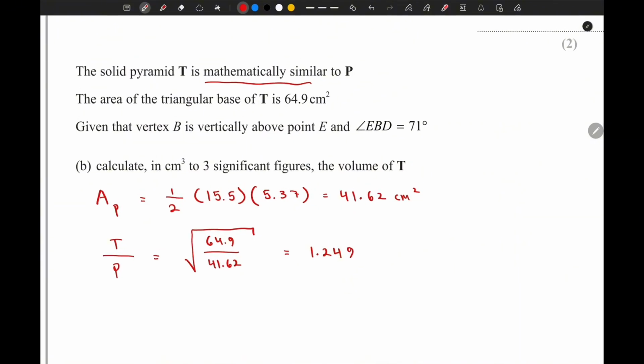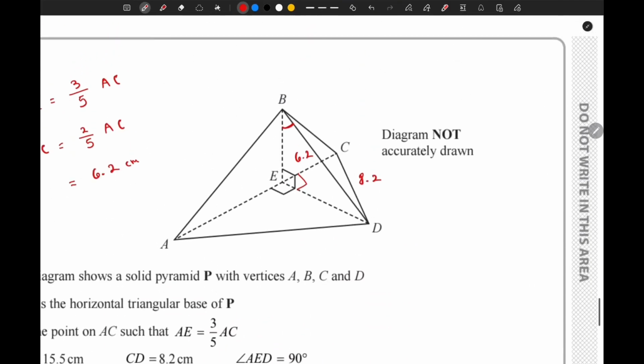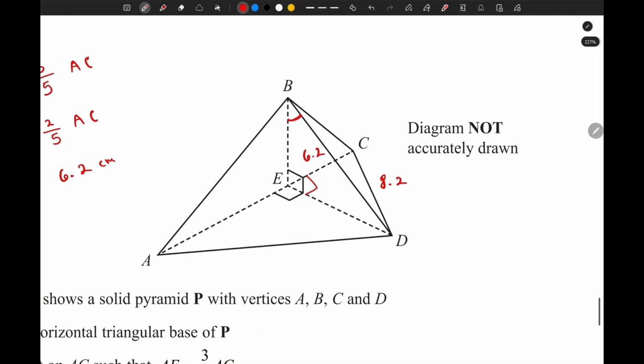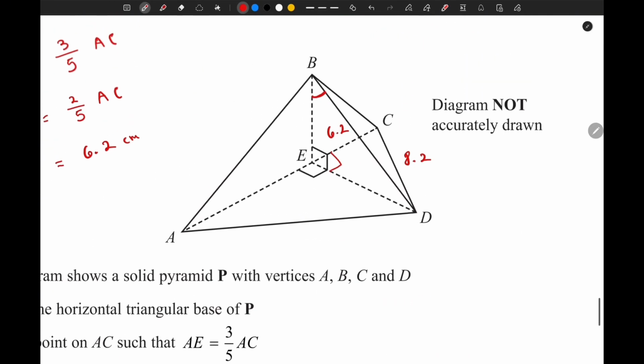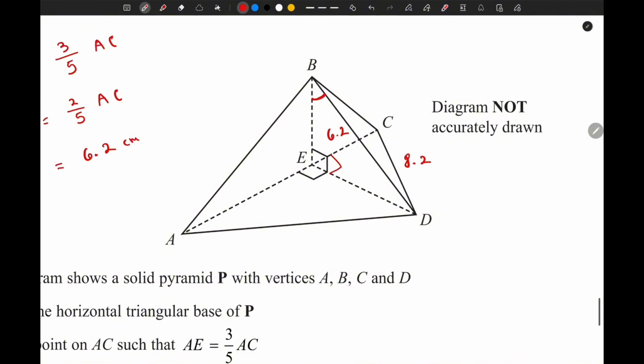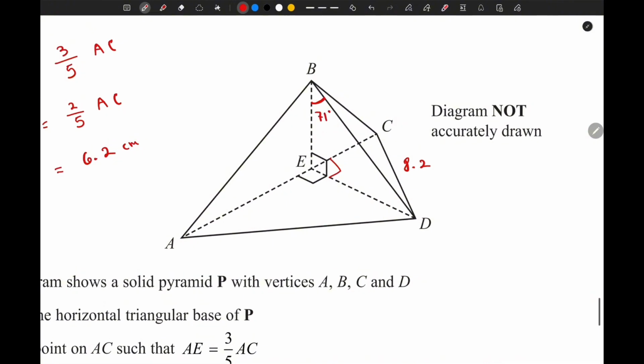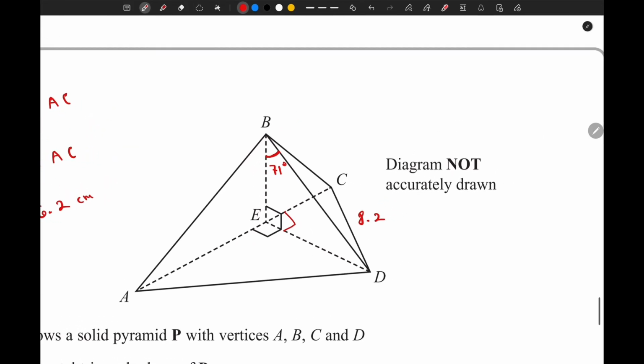In order to find the volume of T, let's first find the volume of P. Now this angle has been given as 71 degrees. Let's find the height of this pyramid. The height of this pyramid is EB.